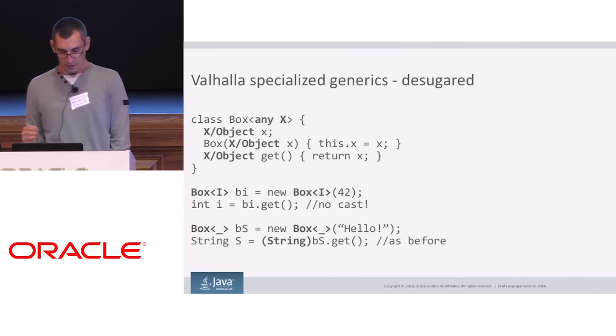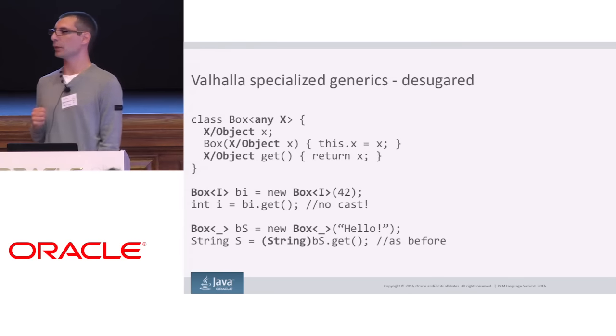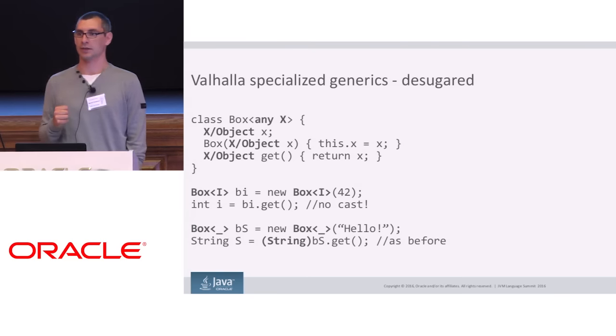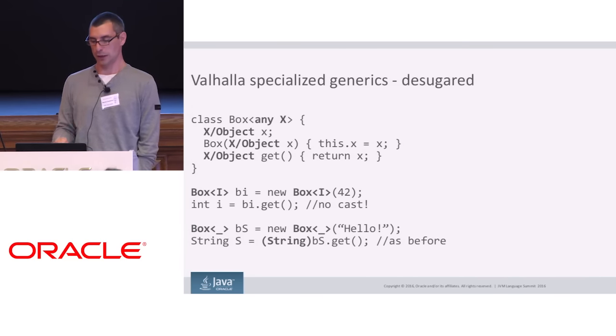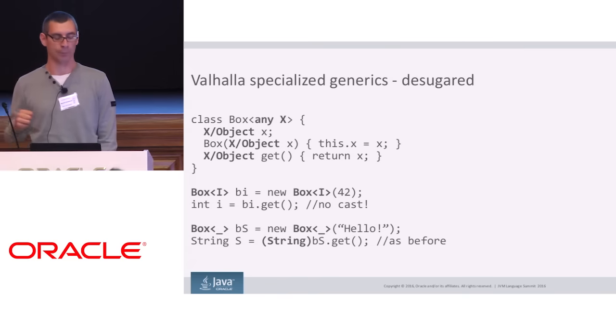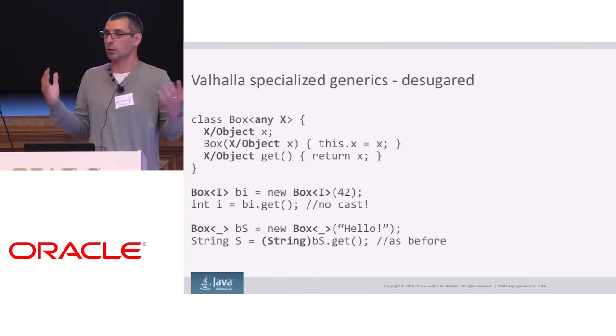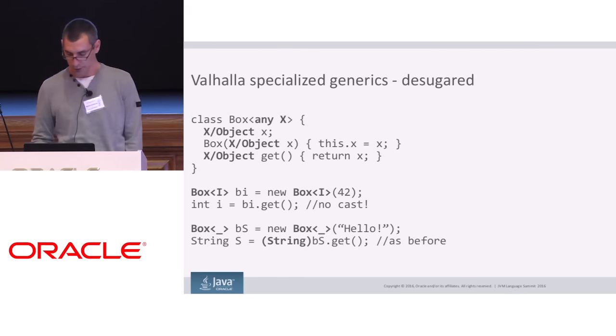And another difference is that if you have a specialization, like Box of int, that specialization will actually stay alive in the bytecode. Because the static compiler, like javac, knows that the type for Box of int is going to remain sharp all the way down. And so if you call get, you're going to get an int back, not an Object. And you don't need any boxing or any cast or whatever.